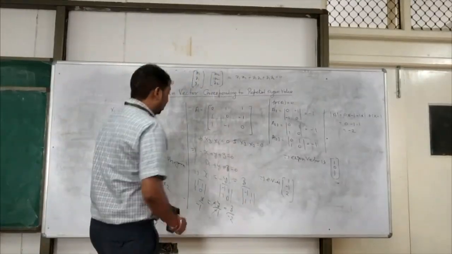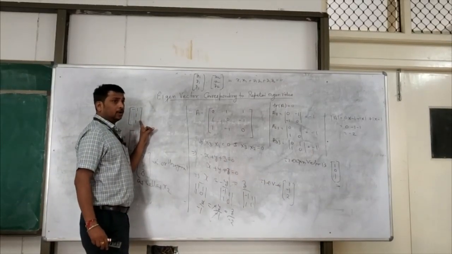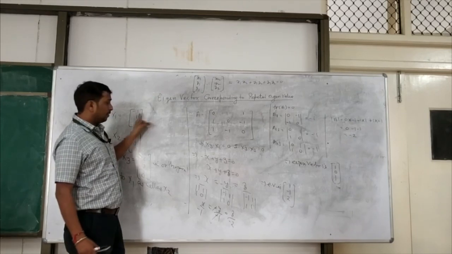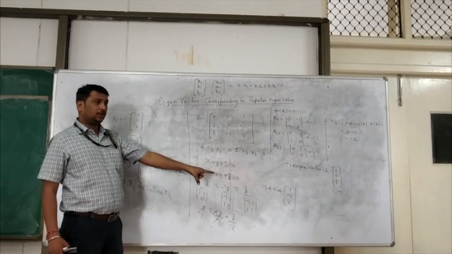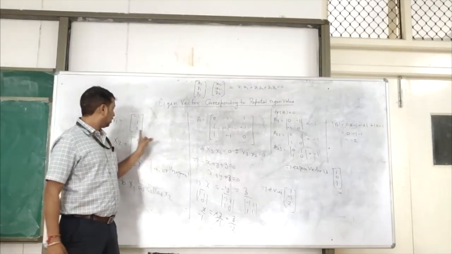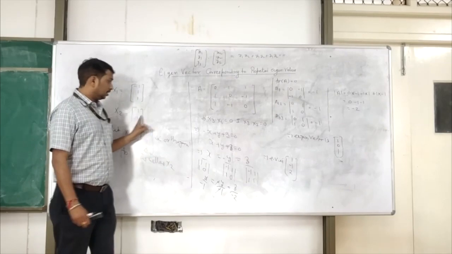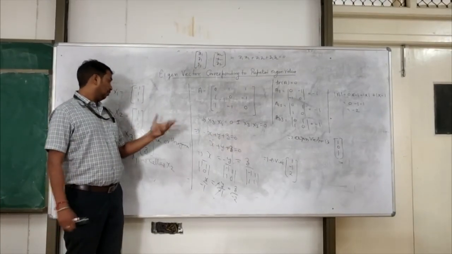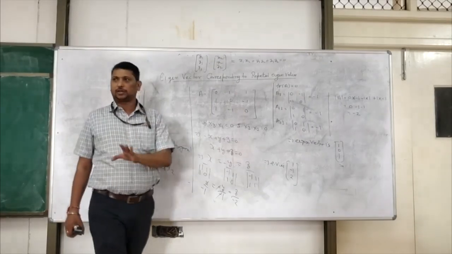Now see, this eigenvector is orthogonal to this. Correct? See, minus 1 into 1, 1 into minus 1, minus 2, 1 into 2 plus 0. This is orthogonal. 1 into 1 is 1, minus 1, 0. Yes, correct. Orthogonal.